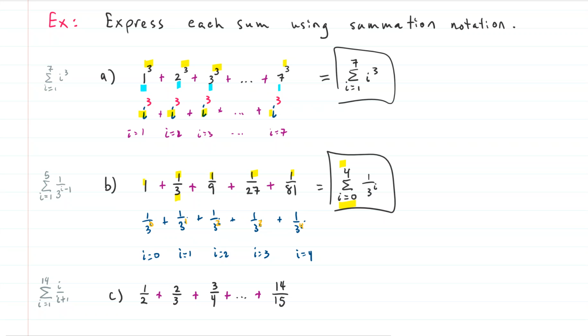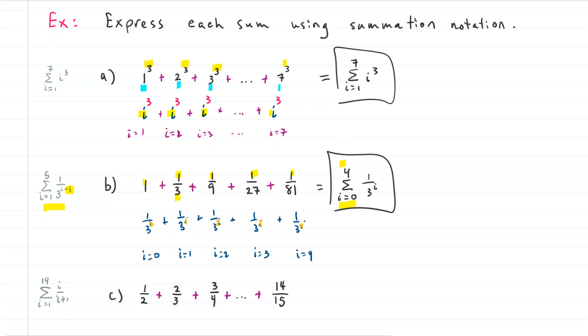But the answer I put over on the left, it's similar, but it's not the same, right? It's the I goes from 1 to 5. So I've shifted my I 1 to the right. Instead of going from 0 to 4, it goes from 1 to 5. And if I do that, I've got to adjust the exponent. I've added 1 to my counter, so I've got to subtract 1 in my general formula in the exponent.